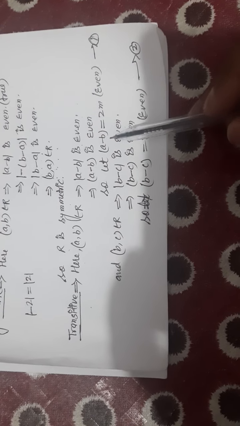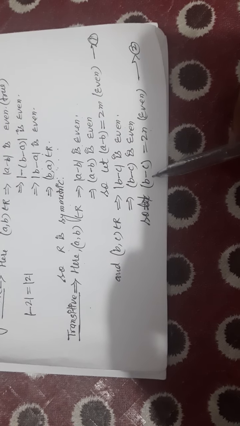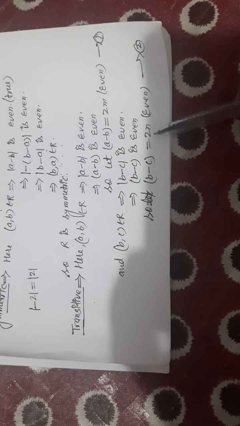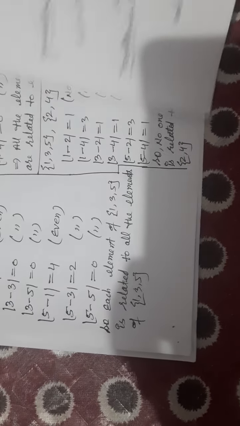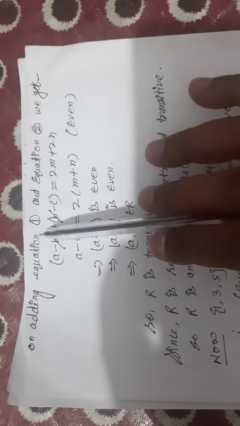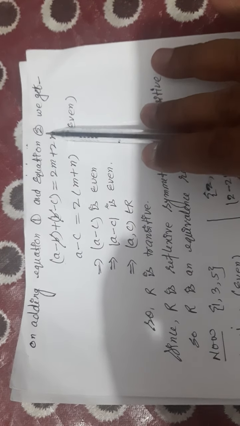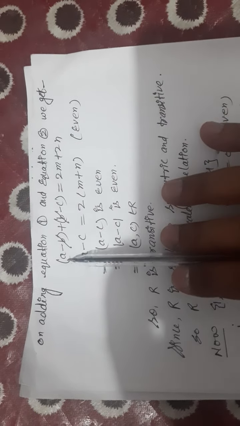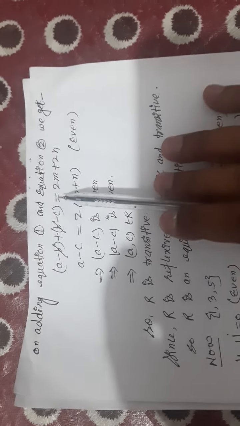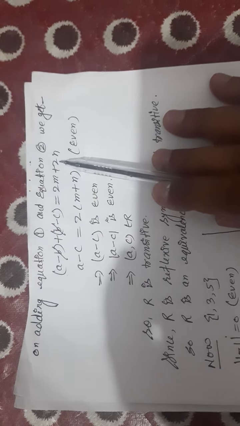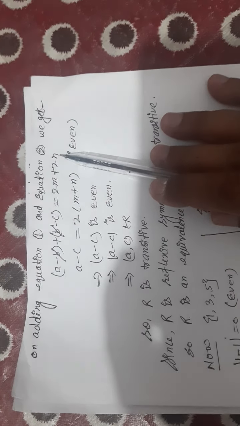Then what we get? a minus b plus b minus c equals 2m plus 2n. Now see the condition. On adding equation 1 and equation 2, we get a minus b plus b minus c equal to 2m plus 2n.